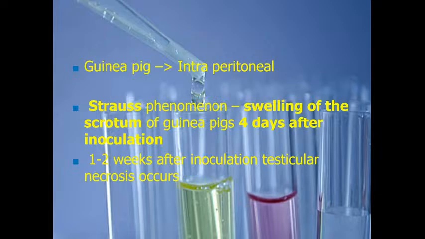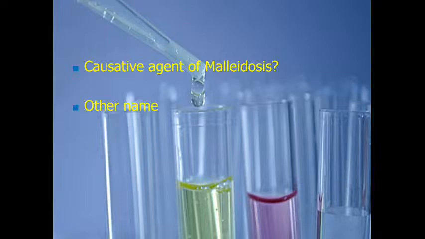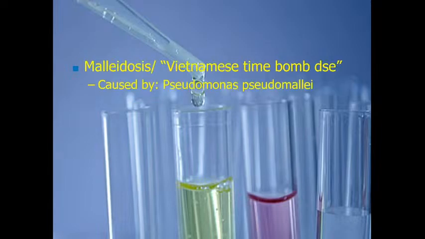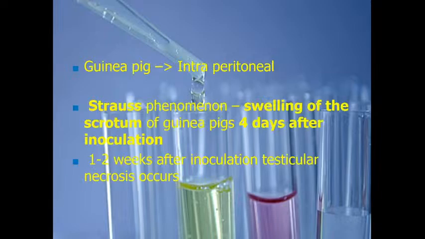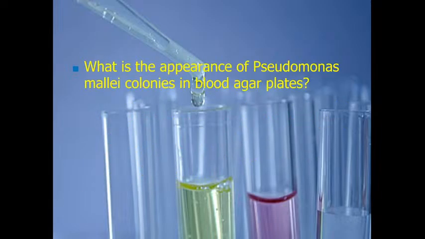Okay? Now, let's talk about melioidosis. It's not Pseudomonas mallei, okay? It's actually Pseudomonas pseudomallei. Okay? It's also known as the Vietnamese time bomb disease. So melioidosis. The causative agent is Pseudomonas pseudomallei. So please don't confuse the two terminologies.